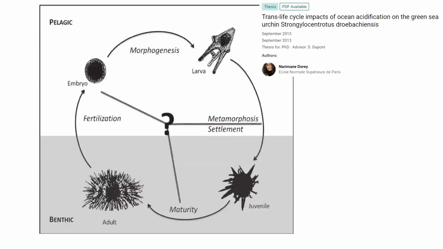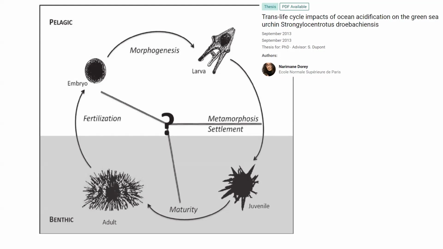So it turns out that one of this reprogramming of a gene regulatory network, the rewiring, has been found to be important in fostering the development of life cycle differences in the biology and physiology and morphology of sea urchins. In particular, the study organism here is the green sea urchin. This is another PhD thesis.